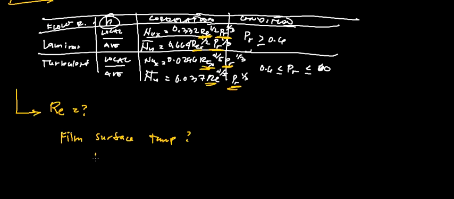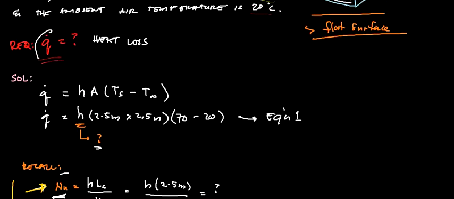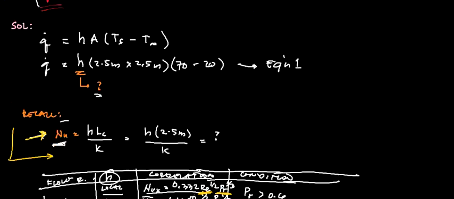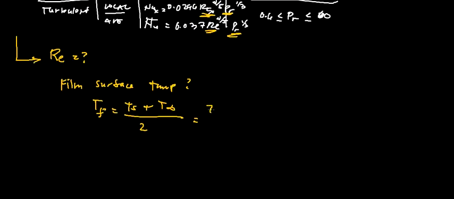The film temperature is the average of the temperature of the surface and the fluid, so we will only divide it by 2. The temperature of the surface is 70 and our fluid, which is air, is 20. So we have 70 plus 20 divided by 2. So our film temperature is about 45 degrees Celsius, right?